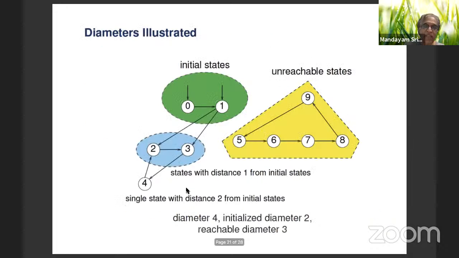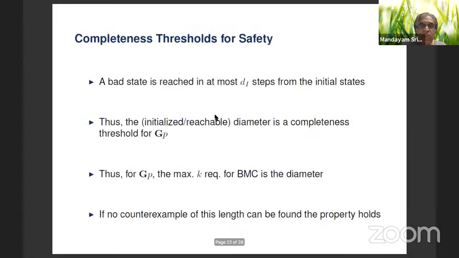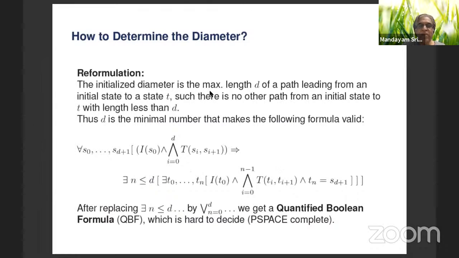This is what you will have to do. The initialized diameter is the maximum length d of a path leading from an initial state to any state that is reachable from the initial state, such that there is no other path that takes you to that state that is less than d.